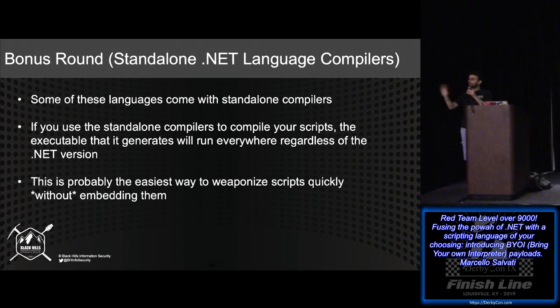The great thing about compiling it is that, from what I understand, because Boolang compiles the source code to MSIL directly, it'll even work on older versions of .NET. So it'll work on .NET 2.0. You can take these compiled Boolang scripts and put them on a Windows 7 machine or old versions of anything with .NET, and it'll just work. It's fantastic. And this is definitely the easiest way of weaponizing anything. If you don't want to deal with the embedding, this is probably the easiest way to weaponize anything, right?